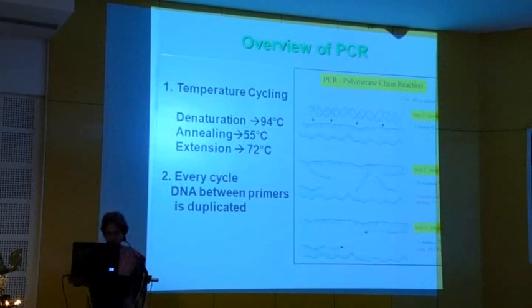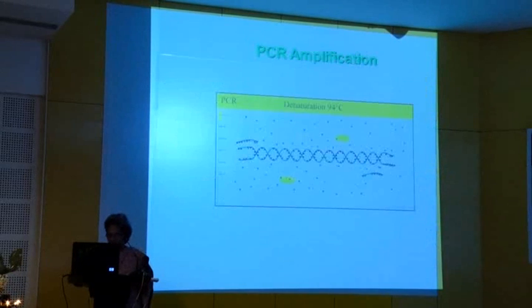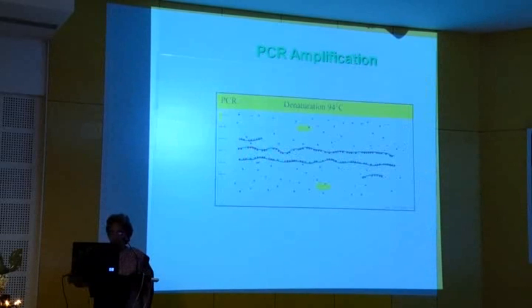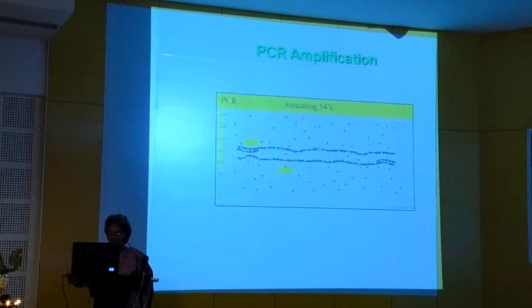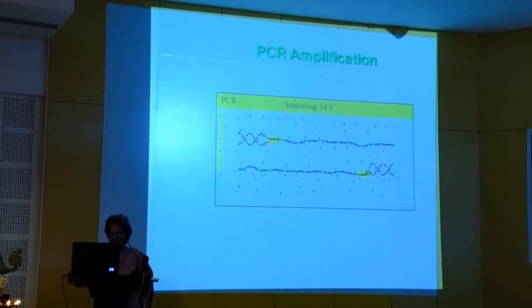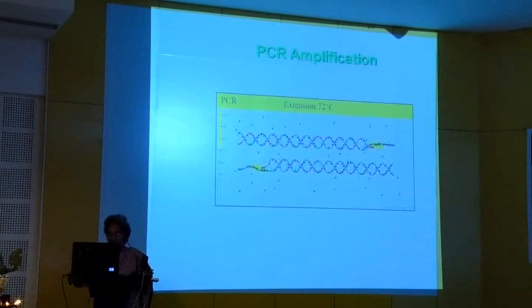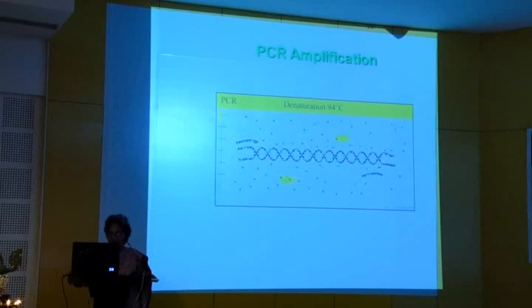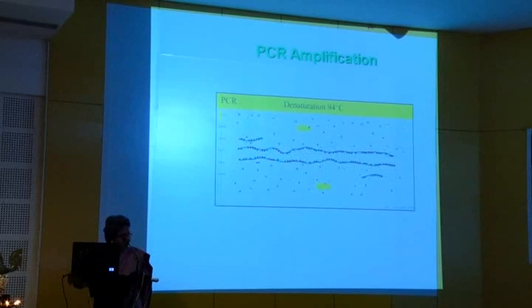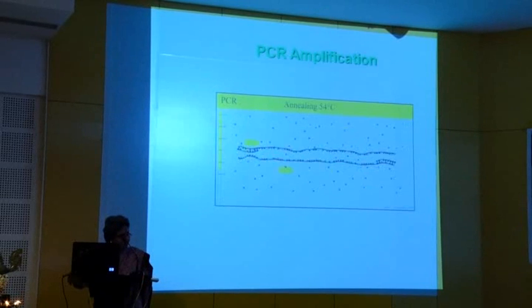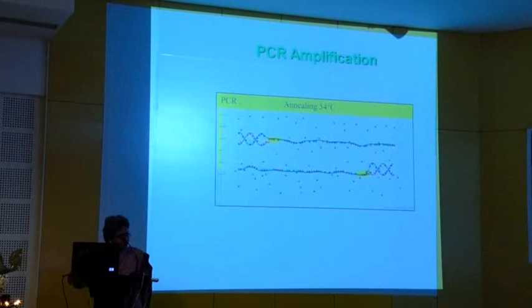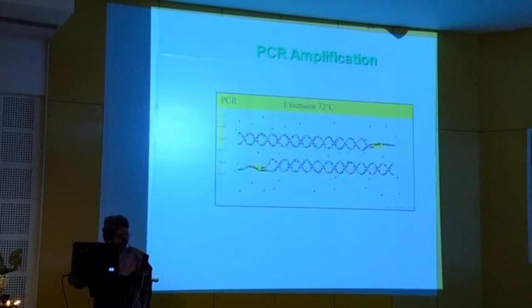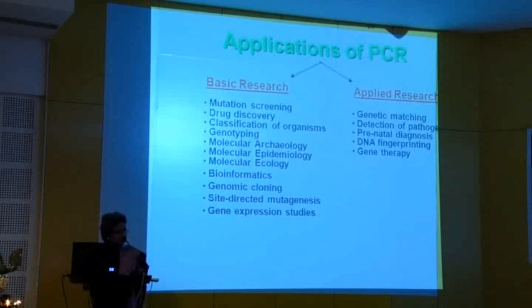So the main thing is the technological requirements. This is what annealing DNA looks like. The main DNA strand, and then the annealing of the DNA takes place. So the double strand is made into single strand DNA, and then that is made into bits, and then it is amplified.